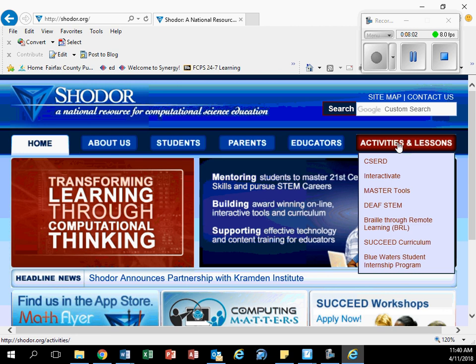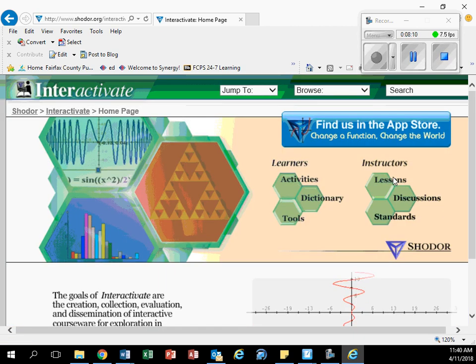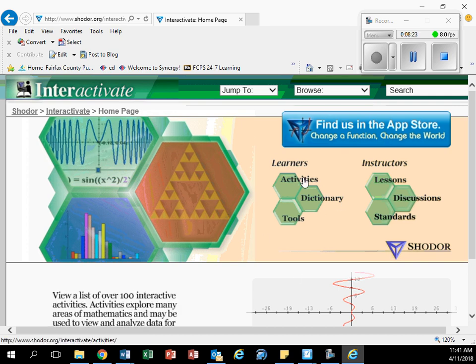And then from that menu, we're going to go to Interactivate. Now we're in Interactivate, and you're going to see two menus here, learners and instructors. Well, today we're all learners, and we're going to tap on our activities.